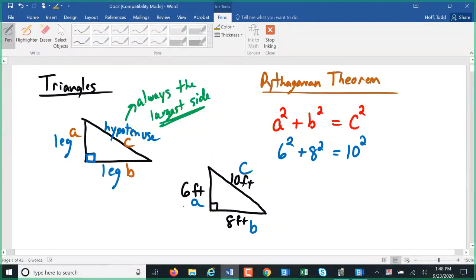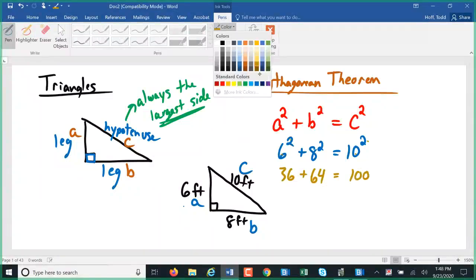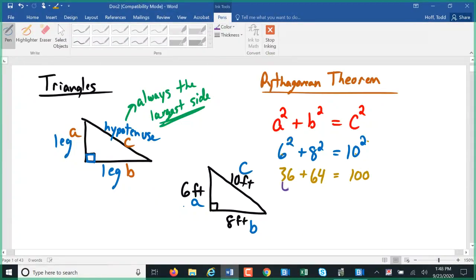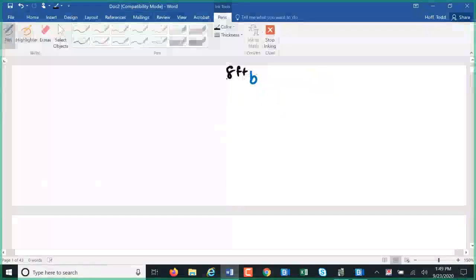Now it's just a little bit of order of operations. 6 squared is 36. 8 squared is 64. 10 squared is 100. And our 36 and 64 do add up to 100. So that confirms that that is a right triangle. And that's one of the things we can use this Pythagorean theorem for, is to check to see if a triangle truly is a right triangle.